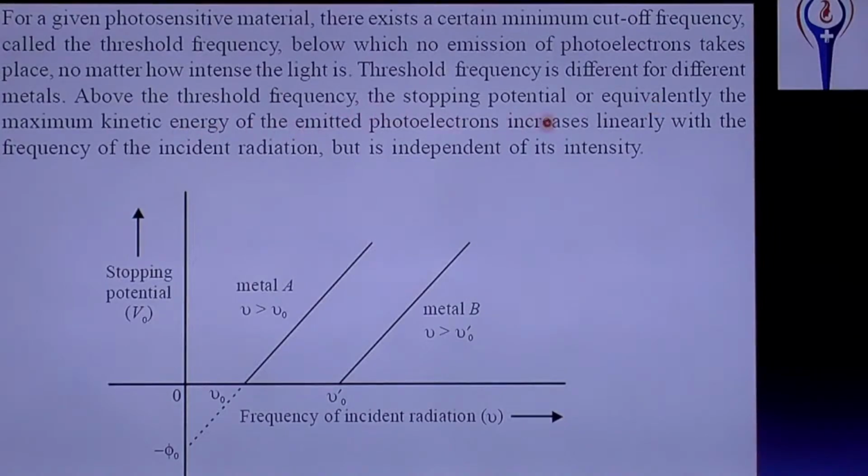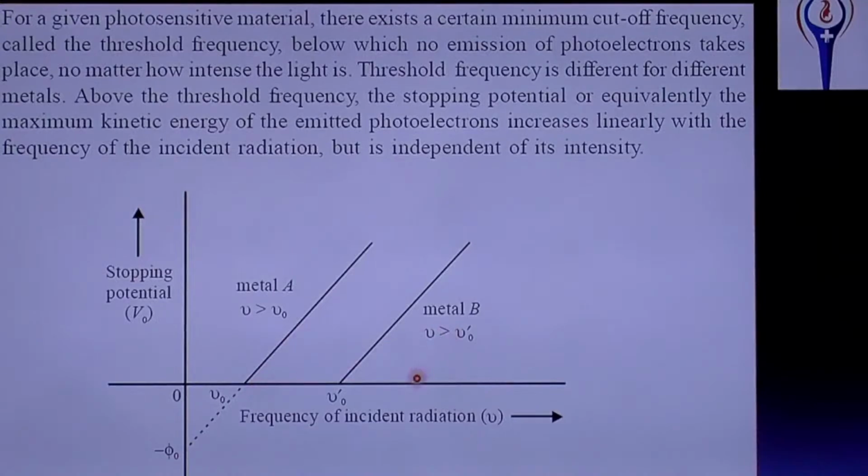Above the threshold frequency, stopping potential or equivalently maximum kinetic energy of the emitted photoelectron increases linearly with the frequency of the incident radiation, but is independent of its intensity. Here is a graph plotting stopping potential along the y-axis and frequency of incident radiation along the x-axis. For metal A, nu is greater than nu naught.